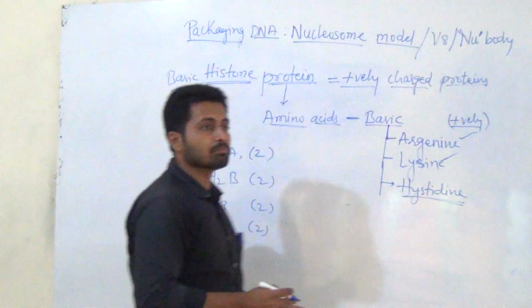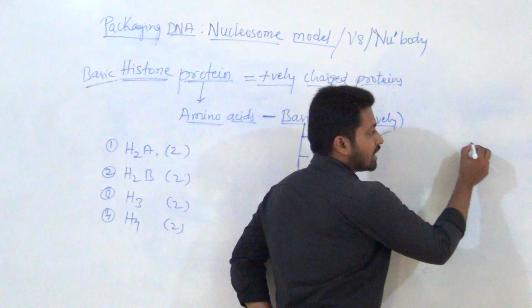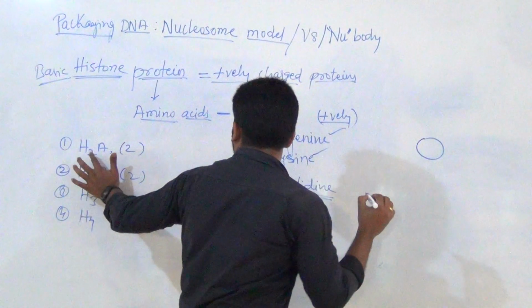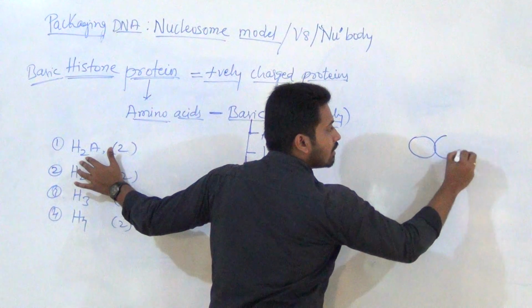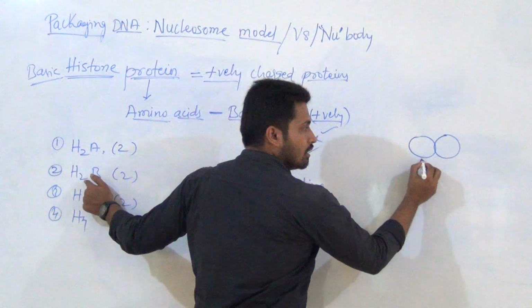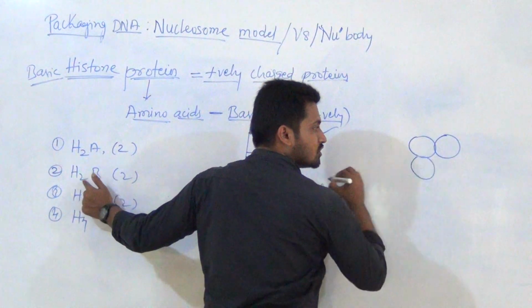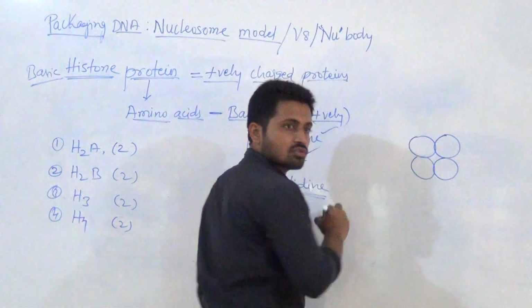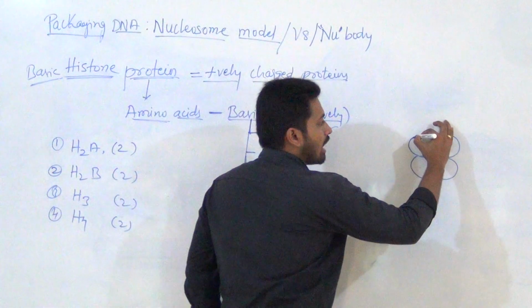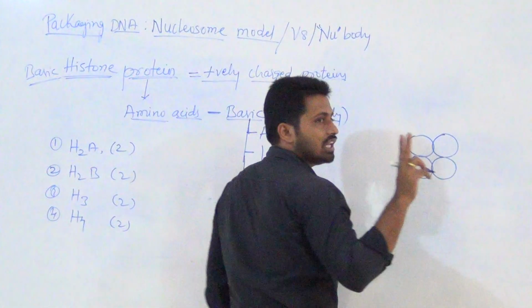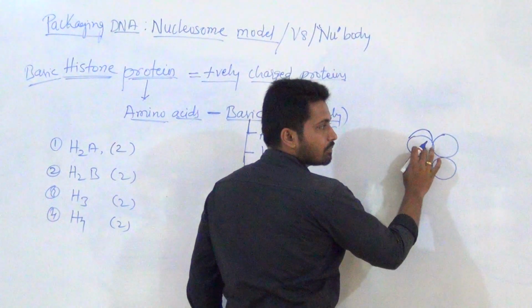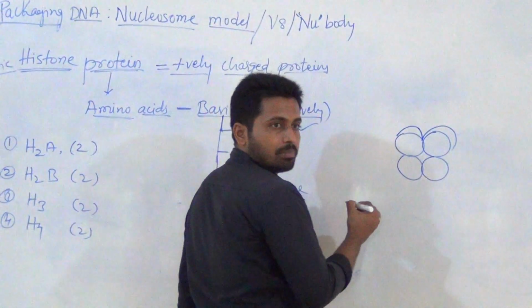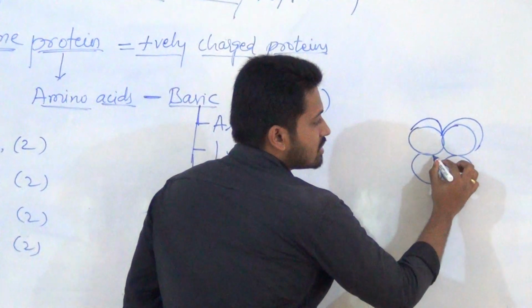Now I draw a simple diagram here. This is for example our H2A and this is H2B and this is H3 and this is H4. Okay. Now I told you each of them is 2 in number. That is H2A another copy, H2B another copy, and this is H3.